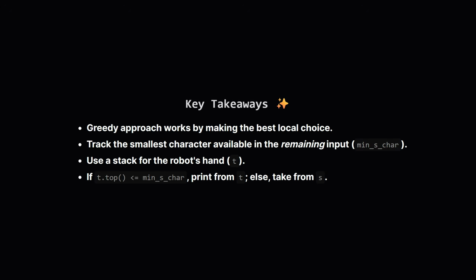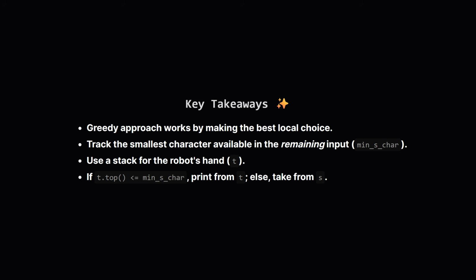So to wrap things up, the core idea to solve this problem is a greedy one. We always want to make the decision that seems best at the current moment to build the lexicographically smallest string. The trick is to keep track of the smallest character that's still available in the unprocessed part of the input string s. Let's call this our min_s_char. We use a stack to represent the robot's hand. Let's call it t.